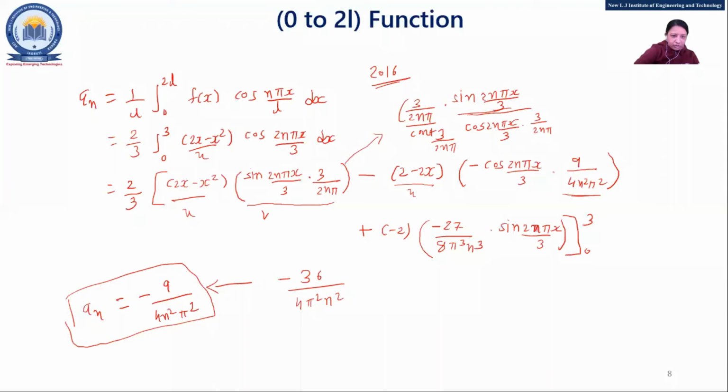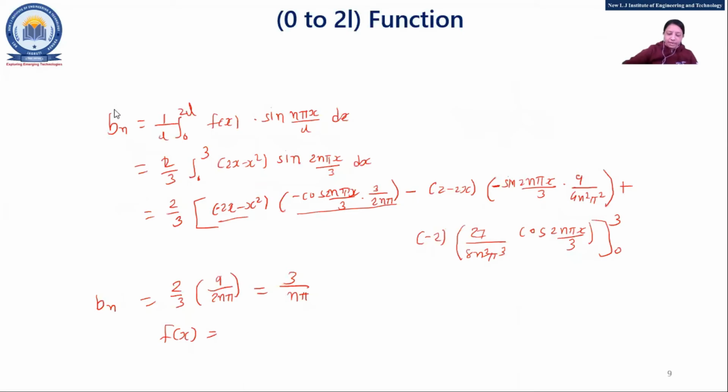So I'll write this only: minus 9 upon pi square, then sigma n equal to 1 to infinity.